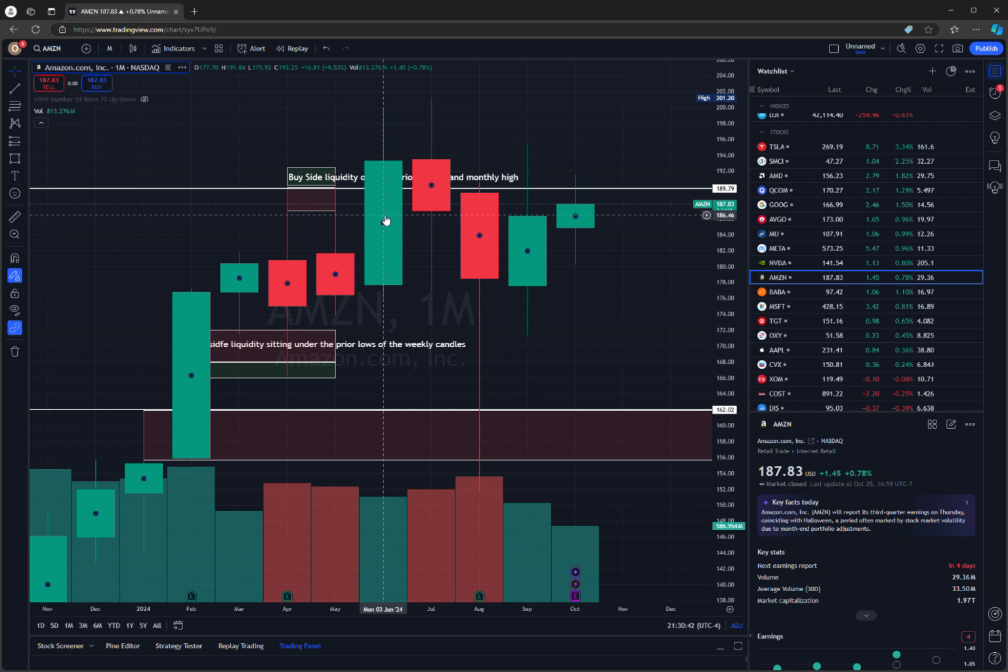Waiting for a weekly retest, waiting for a monthly retest, those are going to be the trades that I'm going to be posting in the challenge that we're about to start tomorrow. That's all we're going to be doing. We're not going to be doing anything else. And then I'm just going to define the parameters of how those are going to be executed. And they're going to be only on the long side too, which is going to make it even better.